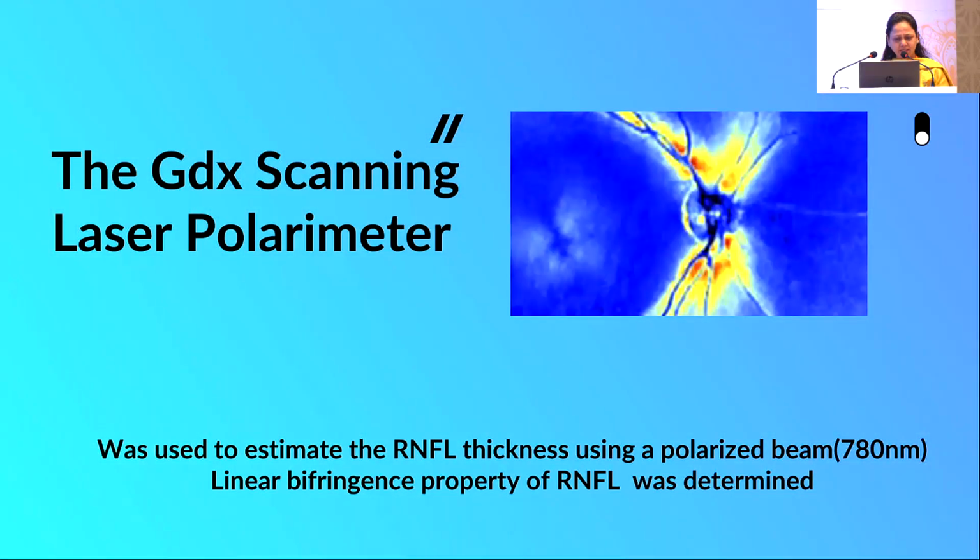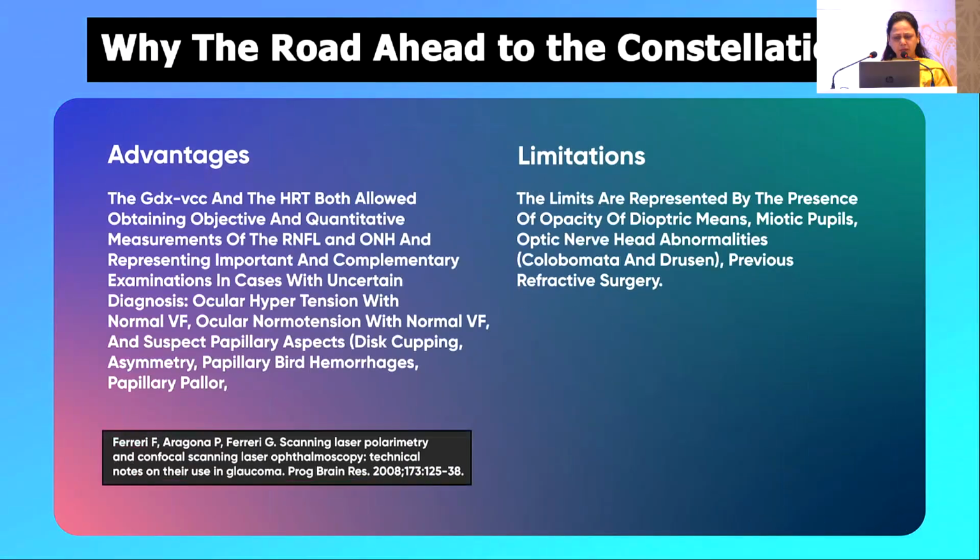But they all had limitations: they were not being used properly, or the results were not to our perfection when there was media opacity or dioptric media issues. What does that mean? It means any aberrations, miotic pupils, optic nerve head abnormalities, and previous refractive surgery.